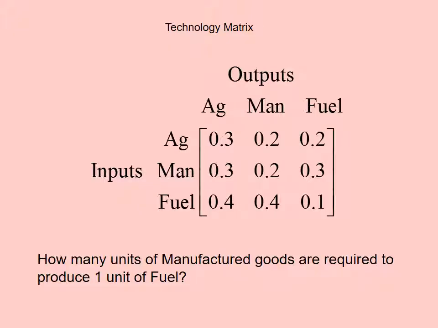Now, here are a few questions to check your understanding of the technology matrix. How many units of manufactured goods are required to produce 1 unit of fuel? Here's fuel production. Where do we see manufactured goods? Did you pick that number?